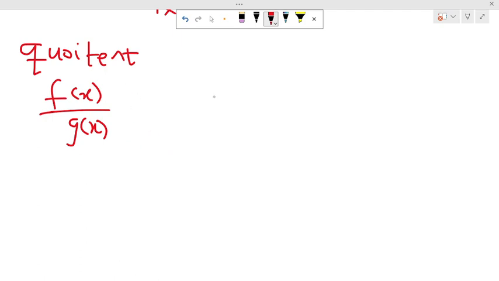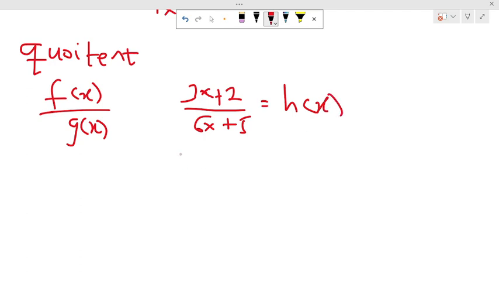But for a teaser, I'll be teaching you a shortcut for some quotient rules for linear equations. So let's say I have f of x to be 3x plus 2, right? And g of x to be 6x plus 5. Let's say this expression is h of x, and I'm asked to find the differential of h of x.